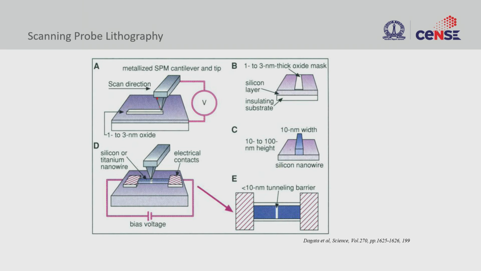Here we use a very sharp tip, like an atomic force microscope tip or scanning probe tip, a cantilever tip, and then we apply a voltage between your substrate and your tip. The important thing is the substrate should be coated with a material whose property you can change when you apply this field.